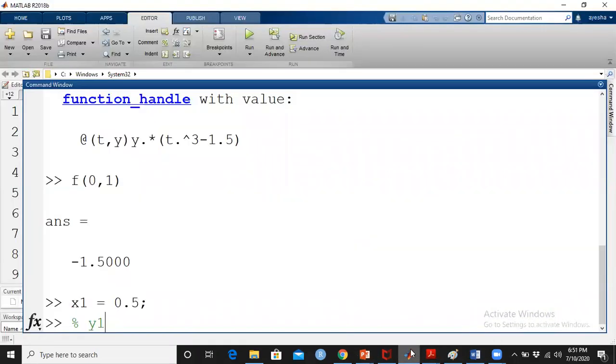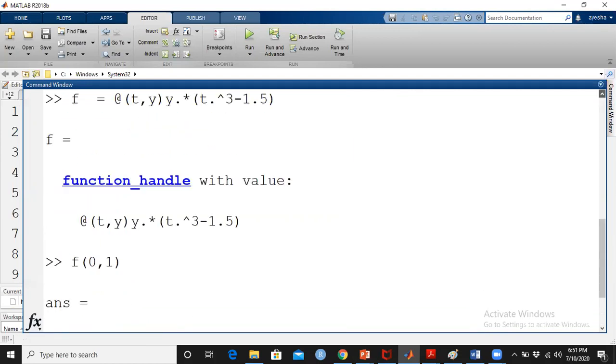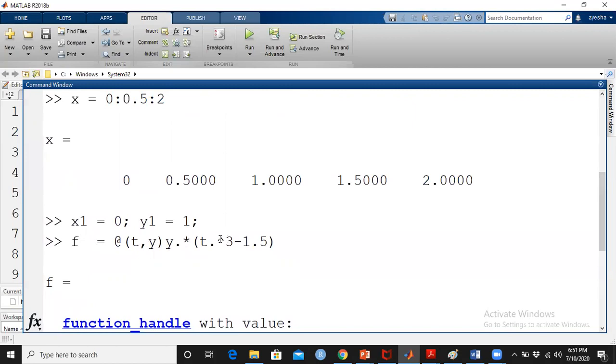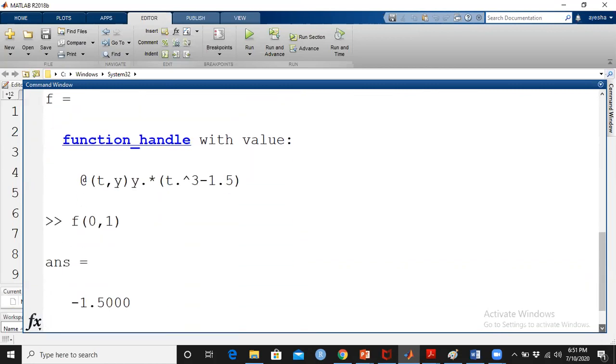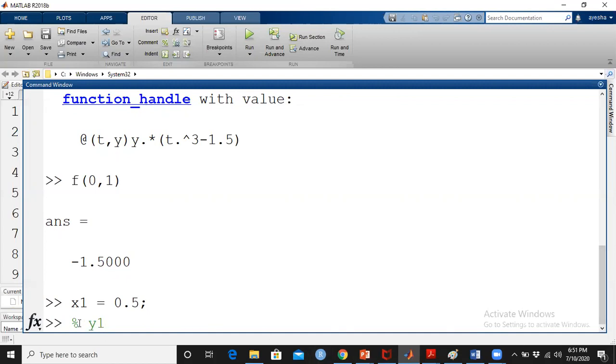Actually what is happening here is that if you want y2, because MATLAB only believes in the index from 1, 2, 3, 4, not 0, then if I want to go to y2, how will I write the formula? Here I'm saying x1 and y1 is given to me, so I'm using the index 1, 1, and I must now go for 2.